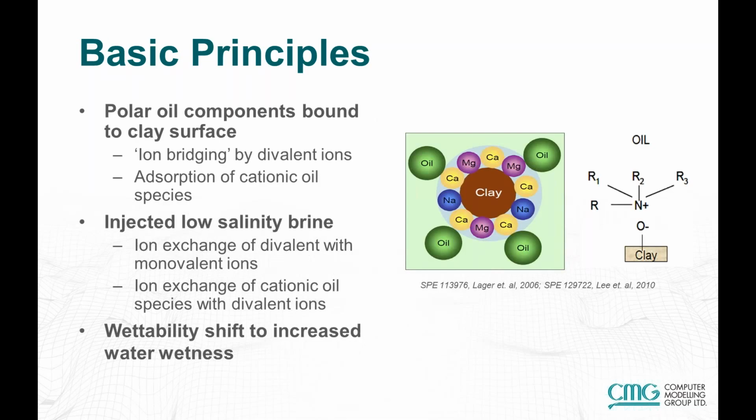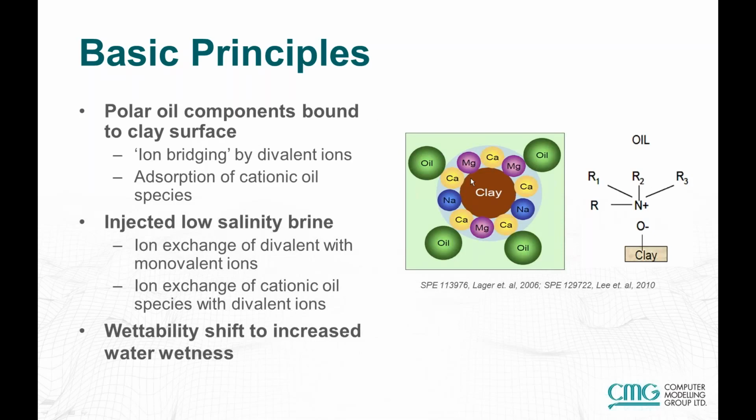Basic principles. First of all, the polar oil components are bound to the clay surface that makes the rock more oil wet. And this picture is showing how it may look on a molecular level, the oil being bound to the clay, and then there's these ion bridges in between the actual clay and the oil.